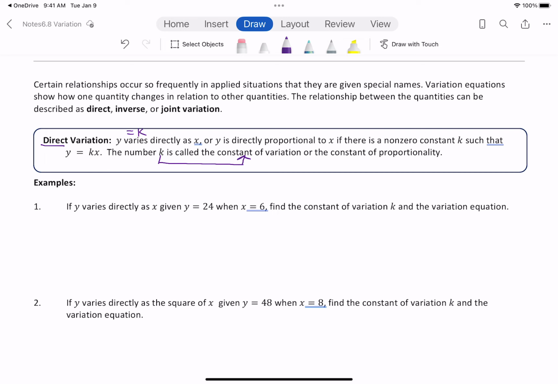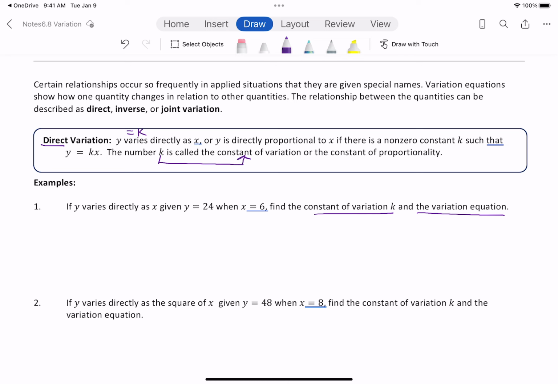Alright, so these first couple of examples, we're just getting used to what this stuff looks like. So if y varies directly as x, given y equals 24 when x equals 6, it wants us to find the constant of variation k and the variation equation. We're going to follow pretty much the same steps for all of these.